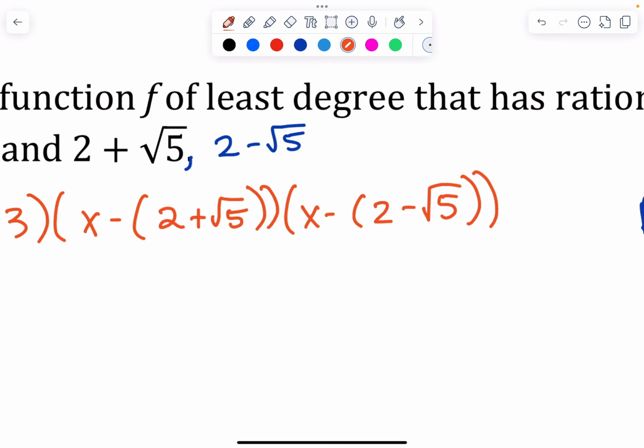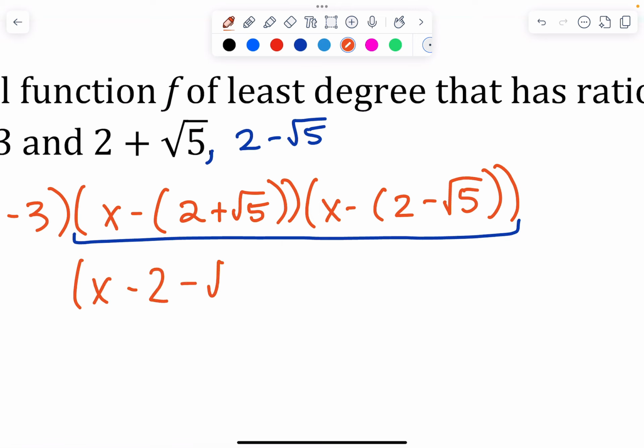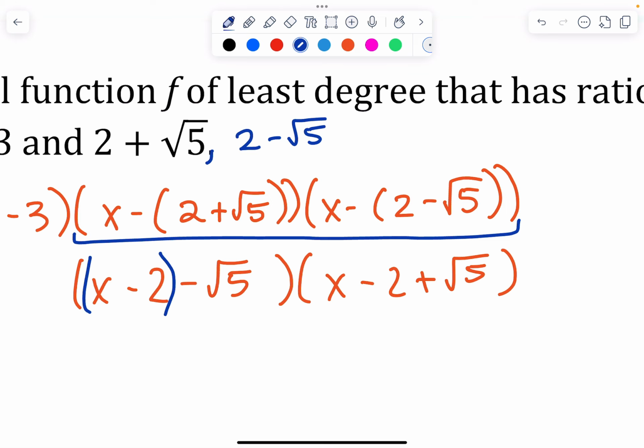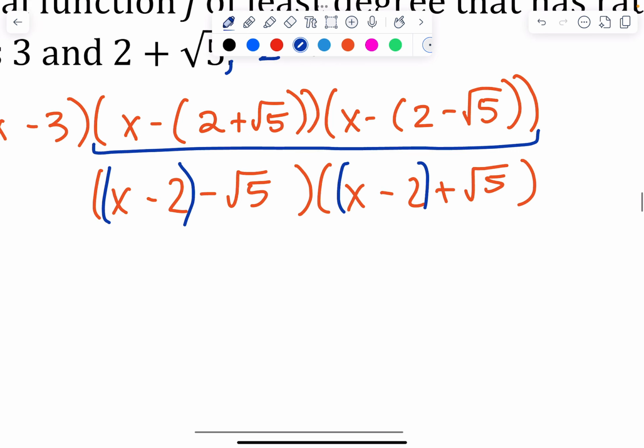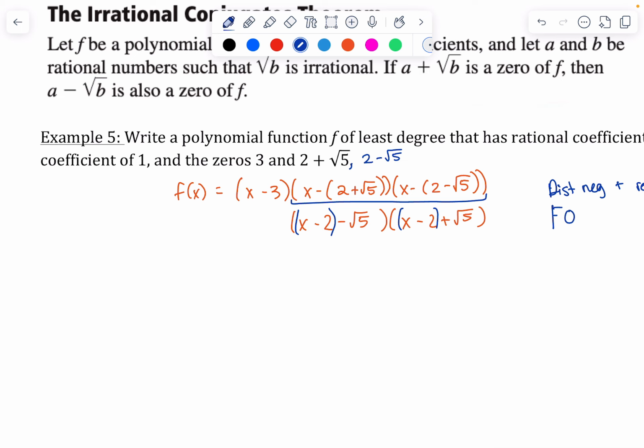Okay? So I'm going to multiply out these two factors. So that will be x minus 2 minus √5 and x minus 2 plus √5, and regroup the first two terms of the parentheses. Okay? So that's going to become, when we FOIL, because they're conjugate pairs, I can skip the outer and inner parts, and I can just do first and last.